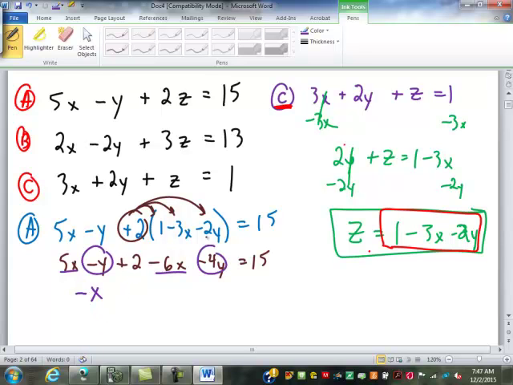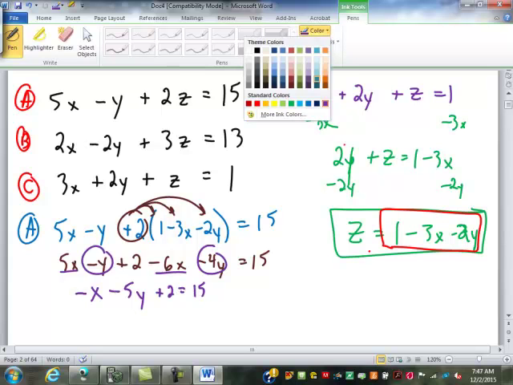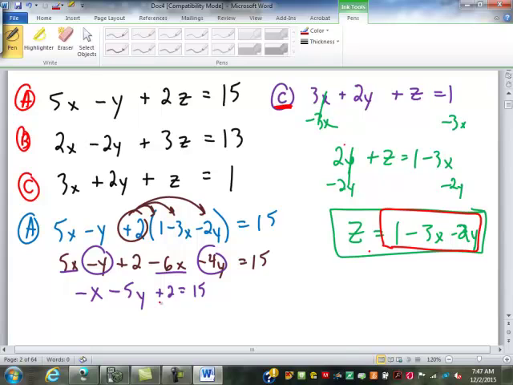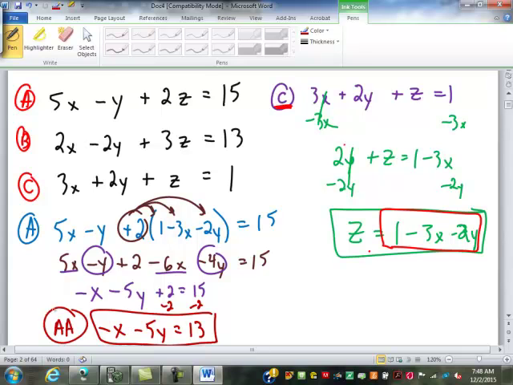Negative y and negative 4y make negative 5y. We got plus 2 equals 15. So I'm going to finish that off by subtracting 2. So negative x minus 5y equals 13. That is my modified A. We call it double A for now.